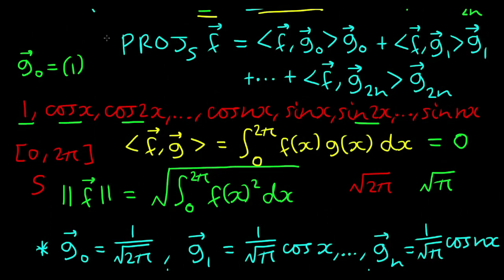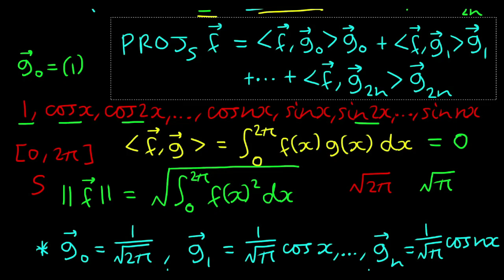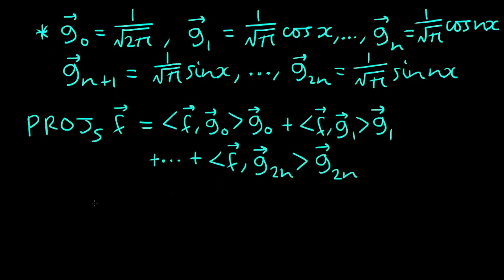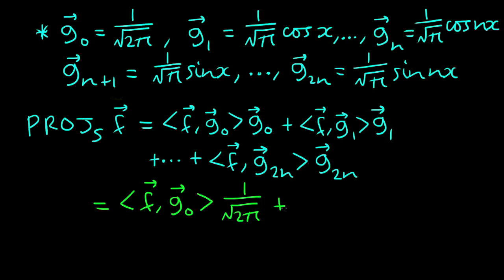So therefore, we can now compute this projection, or least squares approximation, to our function f. And now using our basis vectors, we can rewrite this projection as the inner product between f and g0 by g0, plus the inner product between f and g1 by g1, and so on.